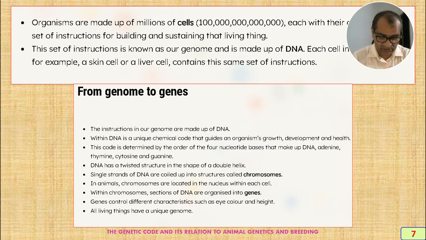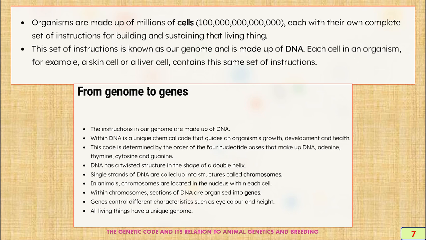Organisms are usually made up of millions of cells, so many that we cannot count the zeros, and each has its own complete set of instructions for being and sustaining that living thing.